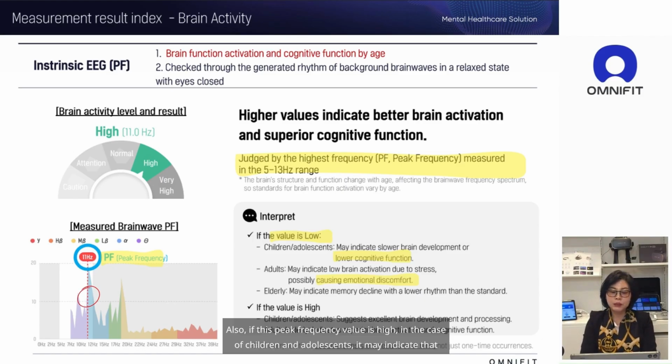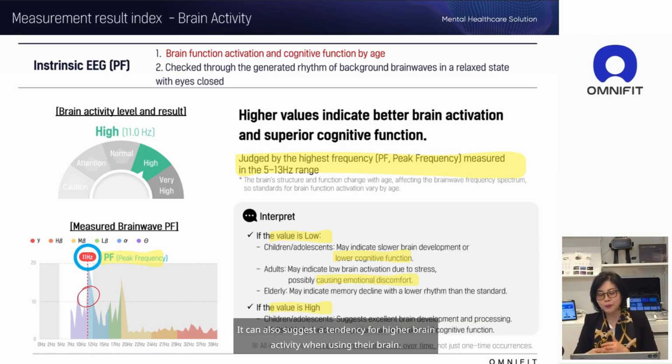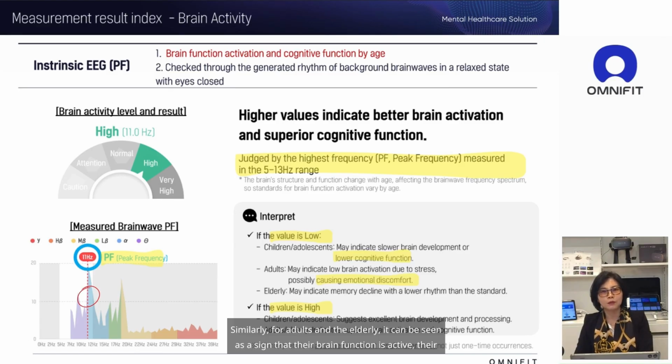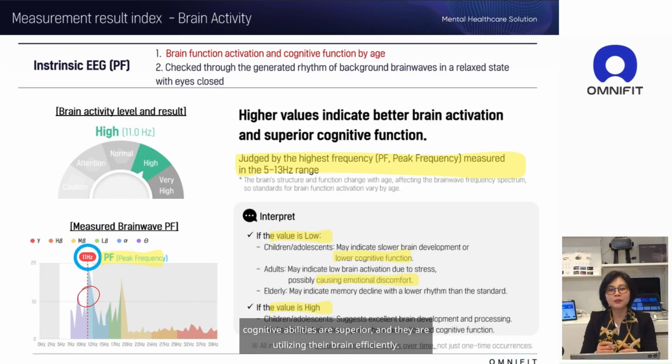Also, if this peak frequency value is high, in the case of children and adolescents, it may indicate that their brain development is somewhat ahead of their peers. It can also suggest a tendency for higher brain activity when using their brain. Similarly, for adults and the elderly, it can be seen as a sign that their brain function is active, their cognitive abilities are superior, and they are utilizing their brain efficiently.